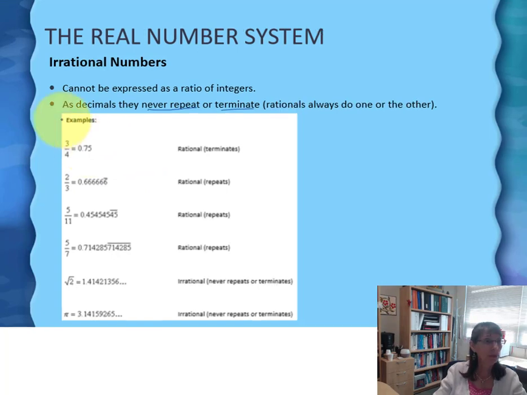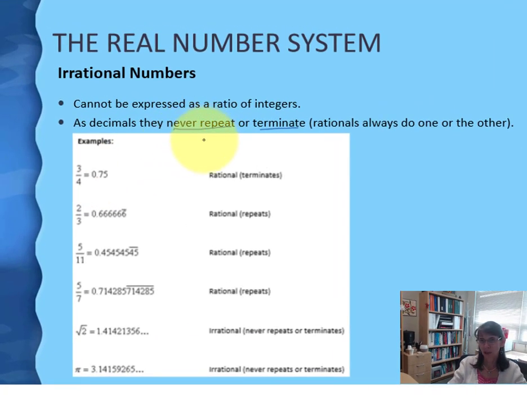Here are some examples of rational versus irrational numbers. 3/4: it looks like a fraction. If we take 3 and divide it by 4 on a calculator, you will see it terminates: 0.75. Since it does terminate, it is a rational number.